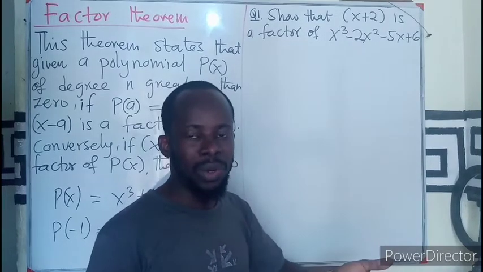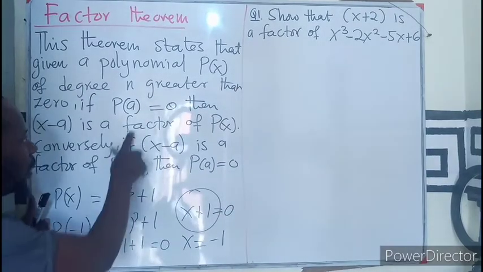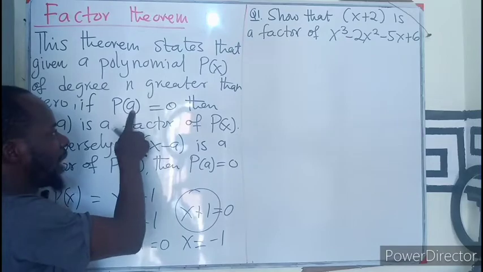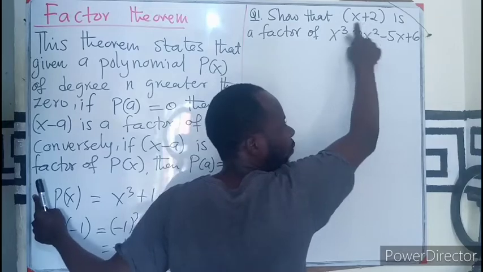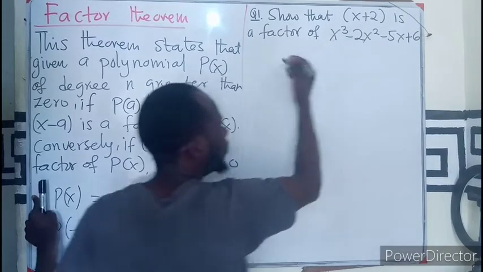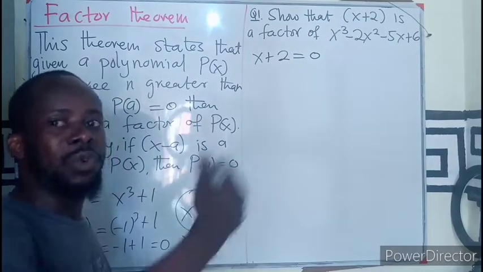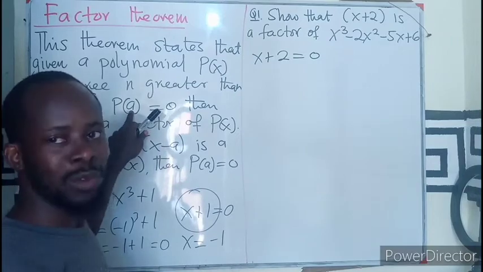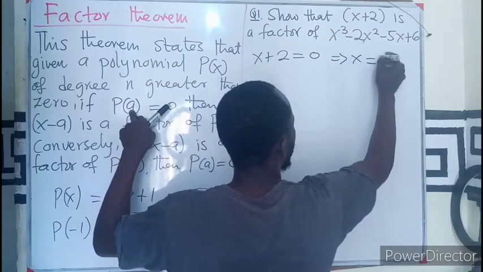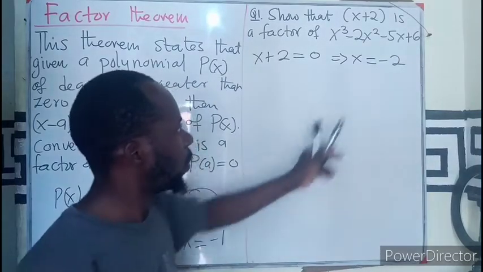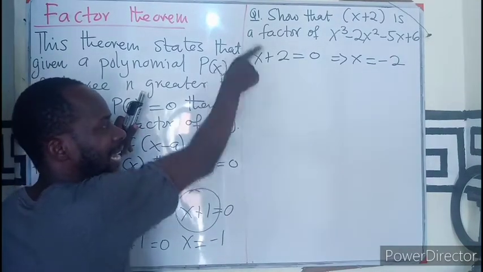To follow the idea that p of a equals 0, we need to get the a from this linear function, meaning x plus 2 must be set equal to 0 in order to find x to be a. So this will give me x equals -2. This now becomes the value of a, which will replace x in that function.